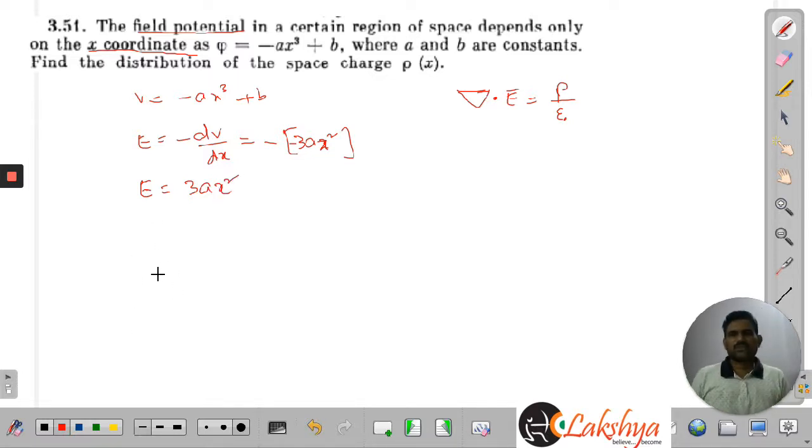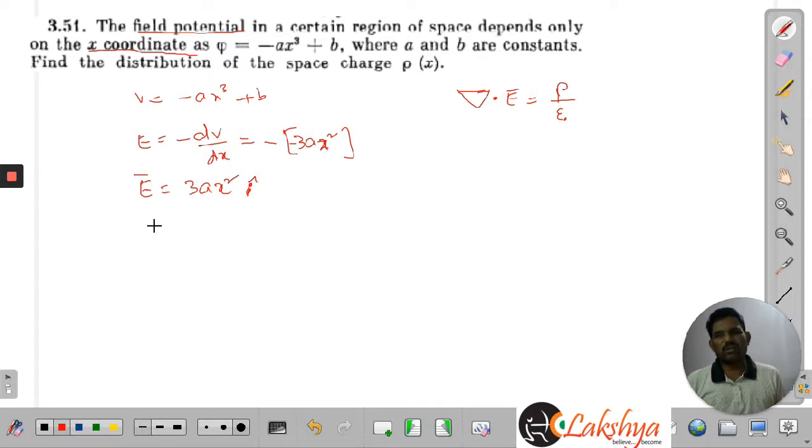This is the electric field value. Since it has only the x component, in vector form I can write this as i cap, just adding the direction, so that this is our E bar.